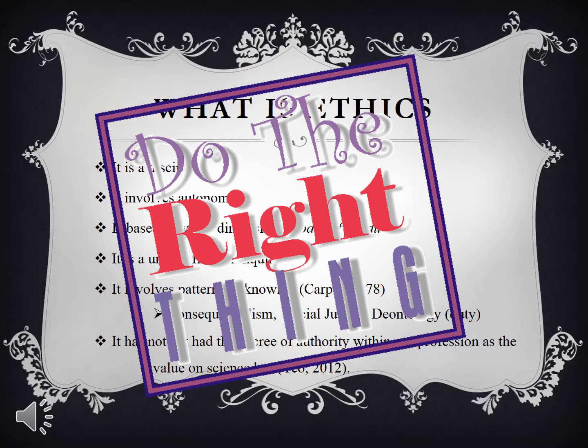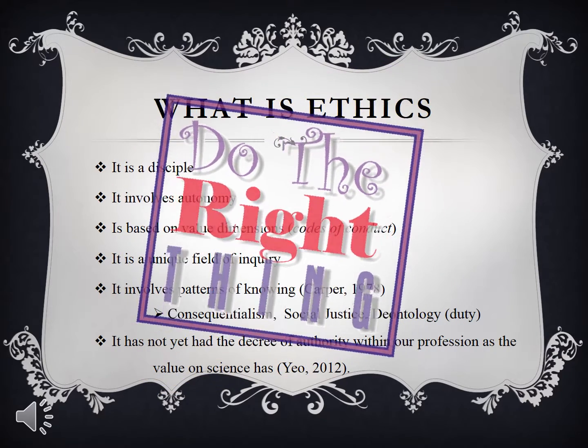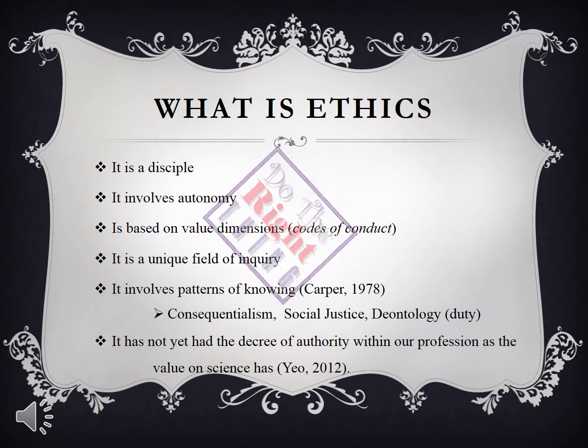It includes codes of conduct and ethical codes in nursing, such as confronting, resolving, and conflicting values, norms, principles, and interest in understanding philosophical positions. These include consensualism, social justice, and deontology. Nursing ethics has not yet had the authority within our position as the value on science has.